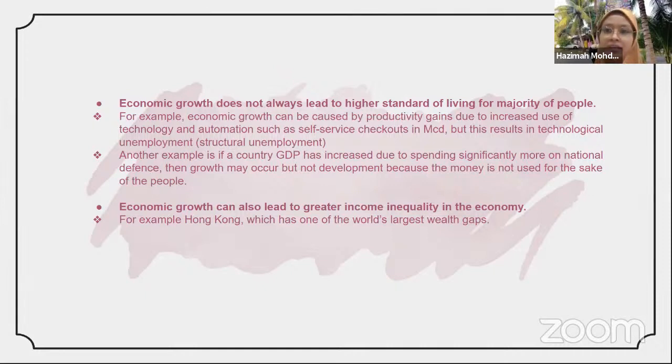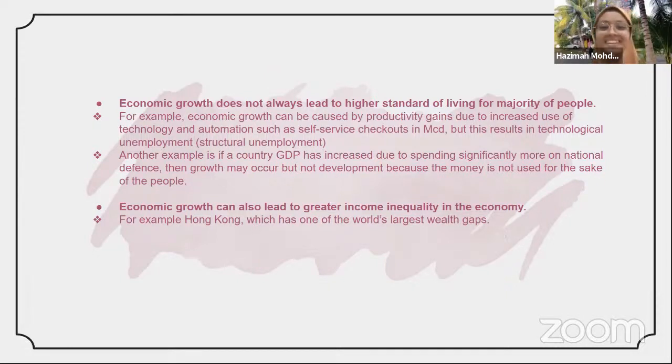Okay. And then this is another relationship. Economic growth can also lead to greater income inequality in the economy. For example, we know that Hong Kong has high economic growth, but Hong Kong also has one of the world's largest wealth gaps. Okay, any questions so far?